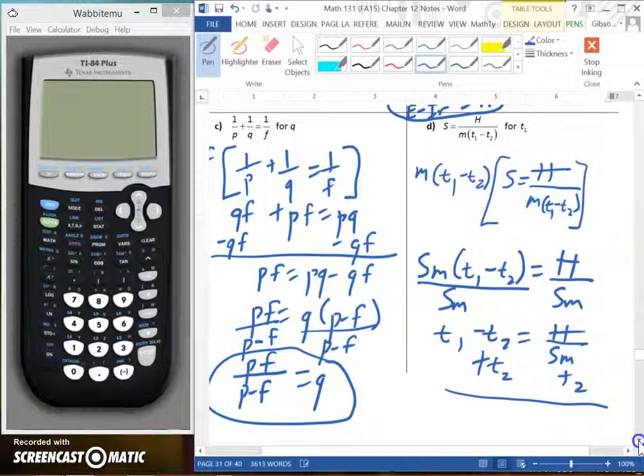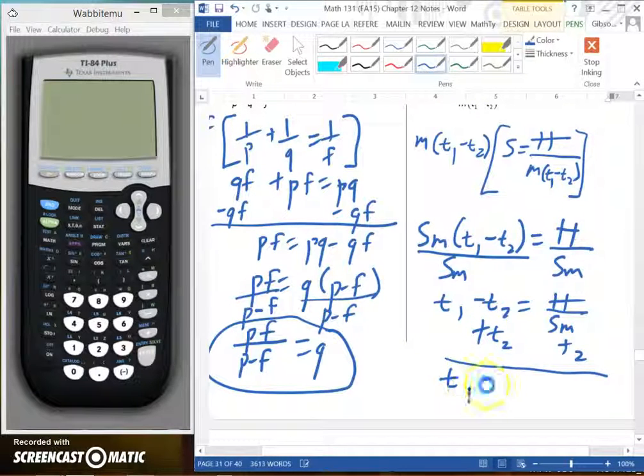So then our final answer would be T sub 1 is equal to, let me straighten this line out first. So we have T sub 1 is equal to H over S times M plus T sub 2. This will be our final answer. Any questions?